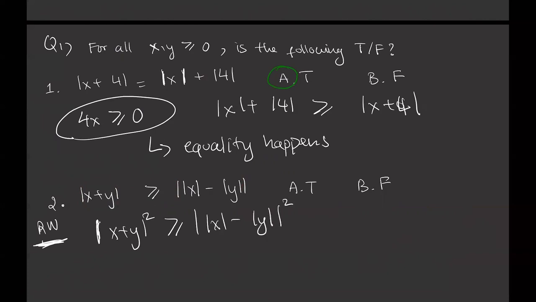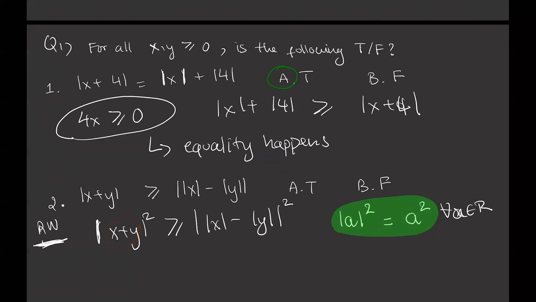Something like this, right? And there is something I didn't mention with you, but I think you see this in the course notes. For every real number a, the absolute value of a squared equals a squared. This one is true for all a. So you can imagine this one as a.